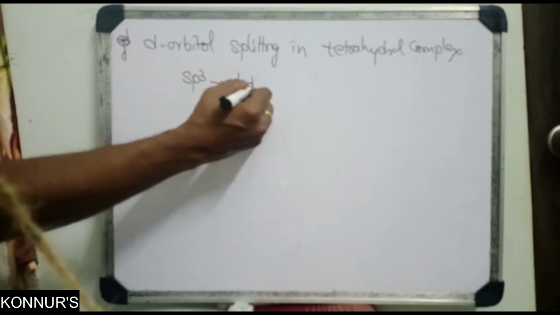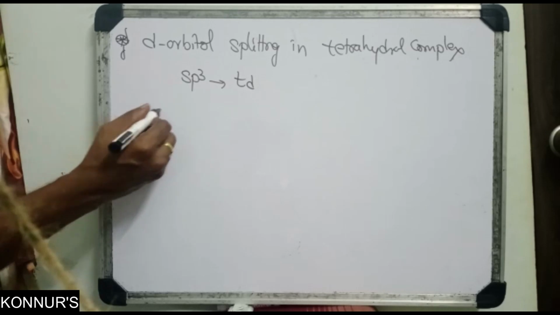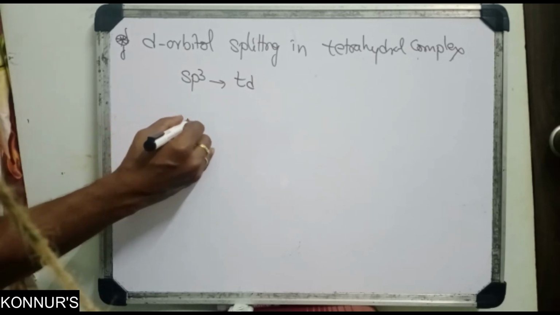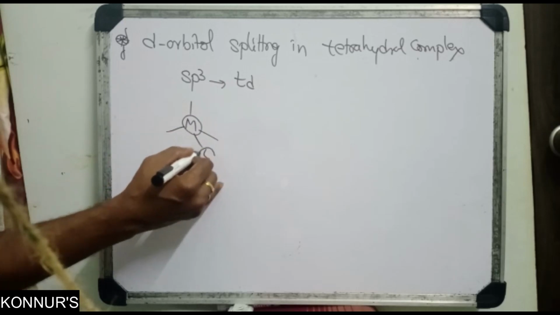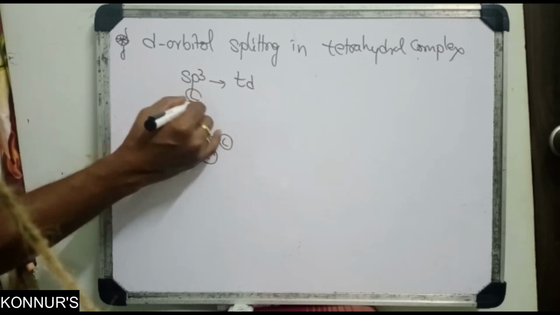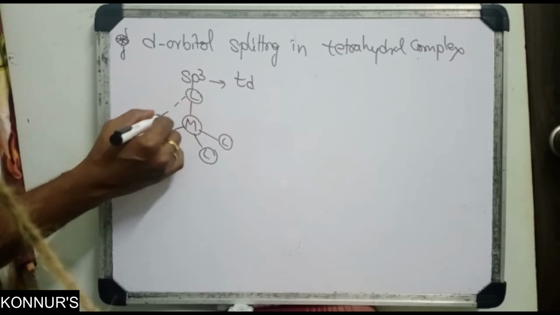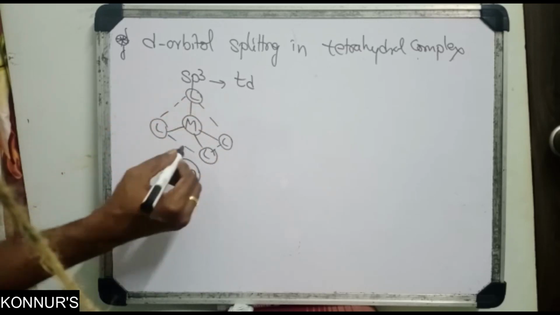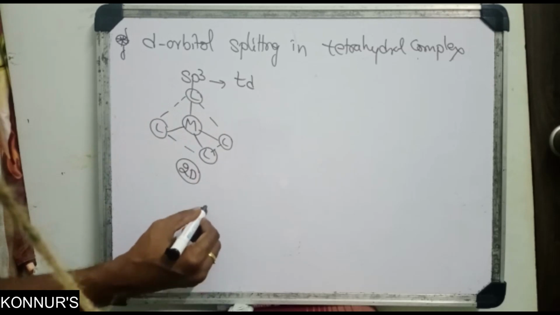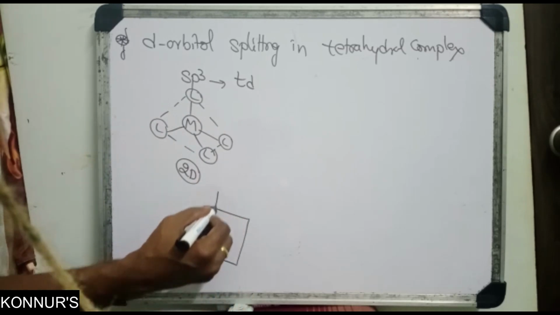It is an sp3 structure, tetrahedral. Suppose in a two-dimensional structure, in what way is it? So tetrahedral, this is a two-dimensional structure. Suppose you want 3D, you can take a cubical structure.